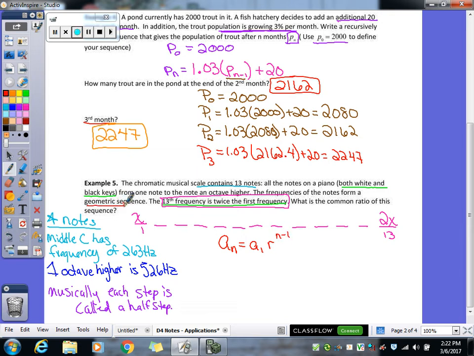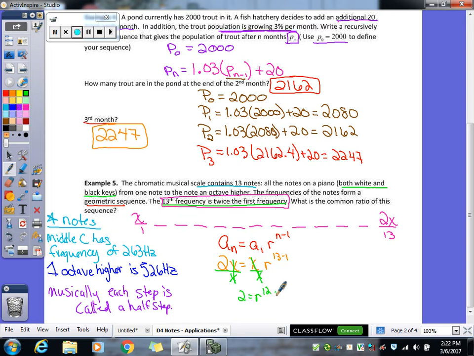So a sub n equals a sub 1 times r to the n minus 1. And what we're going to plug in is the x and the 2x. We know our 13th term, so I'm going to put 2x in for that. First term is x. R we're trying to look for, so then that's going to be to the 13 minus 1 power. So then when I divide by x here, it cancels on both sides.